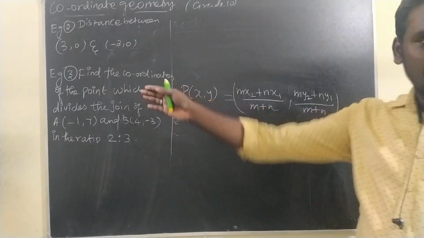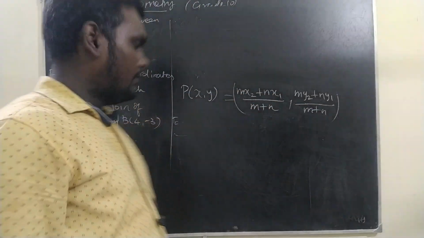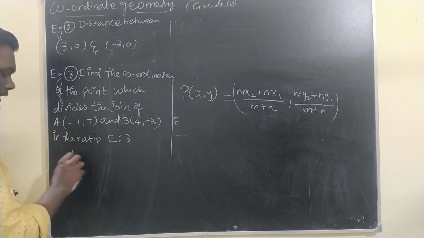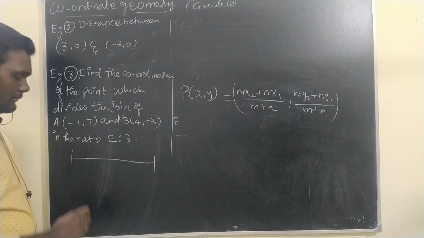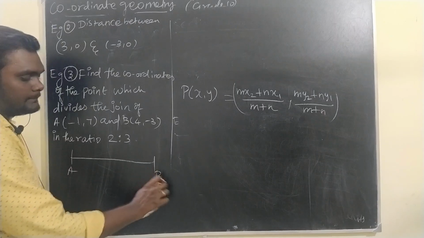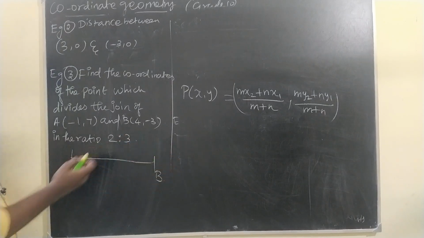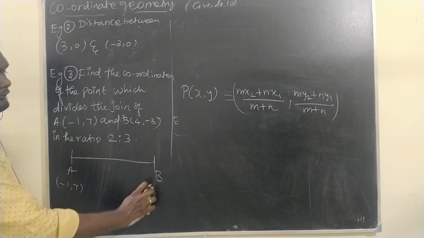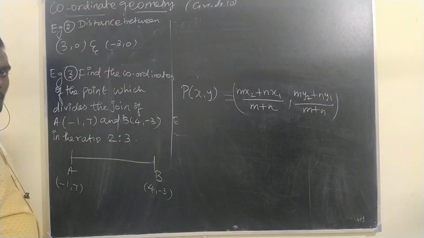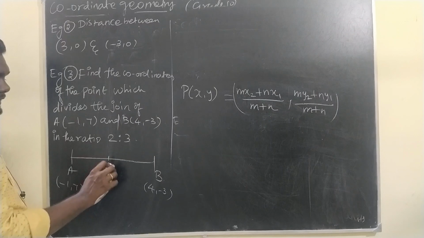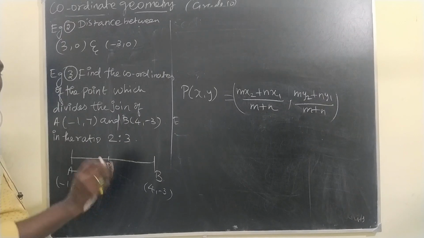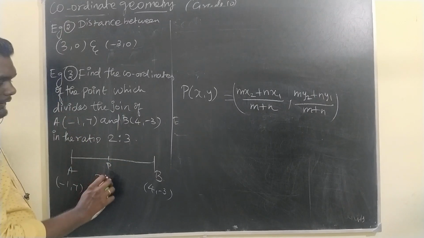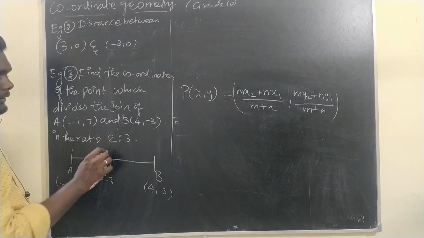Whenever this type of question appears, without a hustle, you just draw a line segment. Mark this as A and B. What are the coordinates of A? Minus 1, 7. Coordinates of B? 4, minus 3. P divides in the ratio. What is given? Ratio is given, that is 2:3.